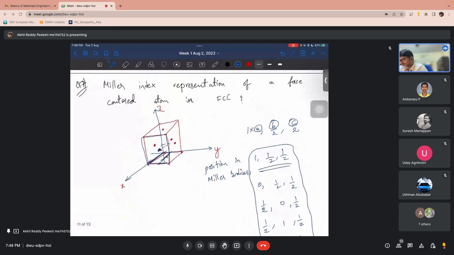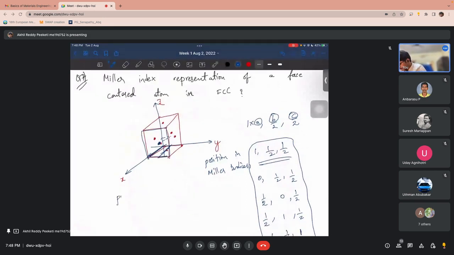So in Miller index, you will have positions, vectors or directions, and planes.